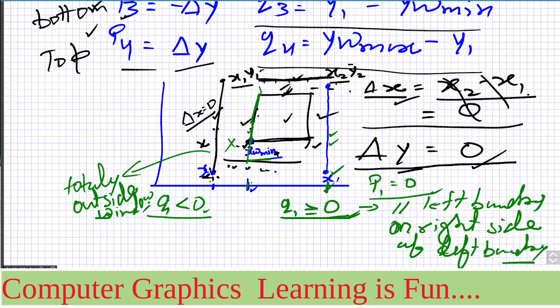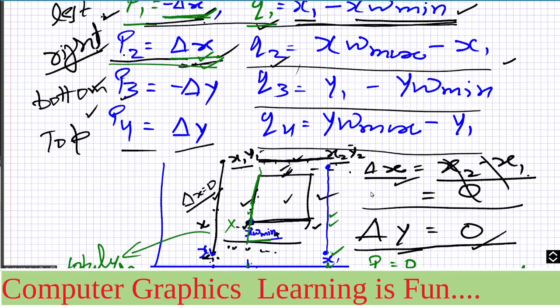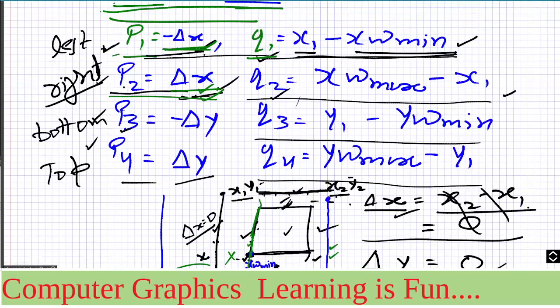Okay. So from the first equation, P1 and Q1, we have derived that this line is on the right of this left boundary.